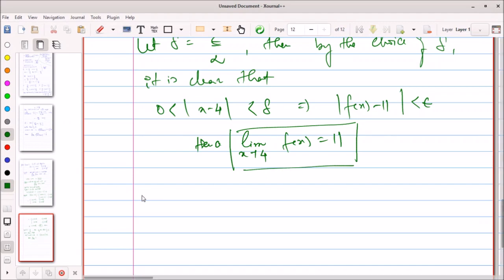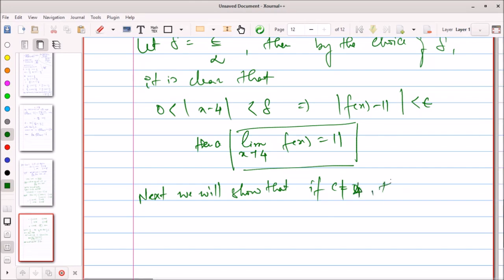Now next we will show that if c is not equal to 4, then the limit as x tends to c of f(x) does not exist.